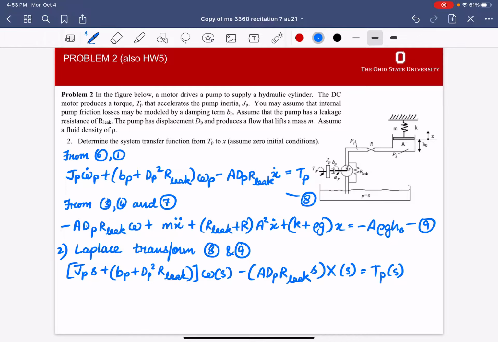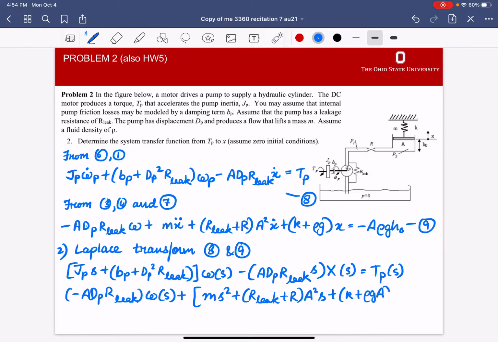So that's the first equation, and then the second equation is... x of s, and that is equal to 0. What I've done here is, you remember there was an h naught term over here on the right hand side.